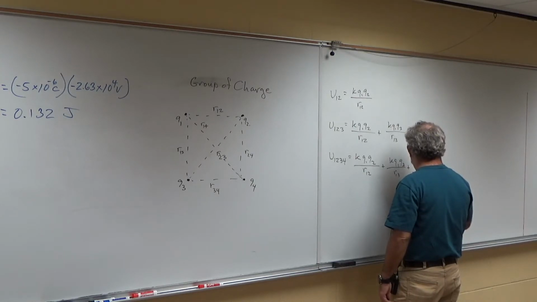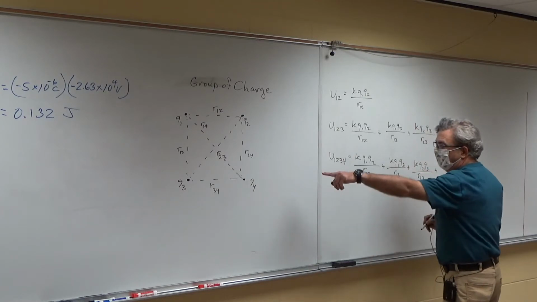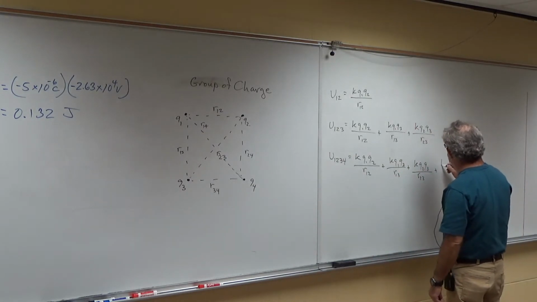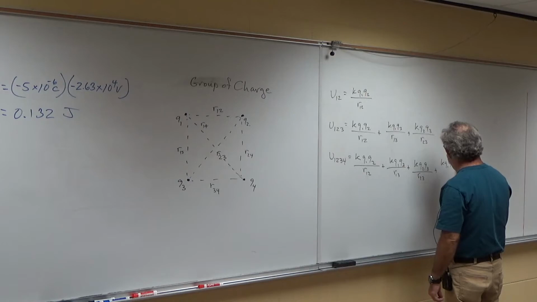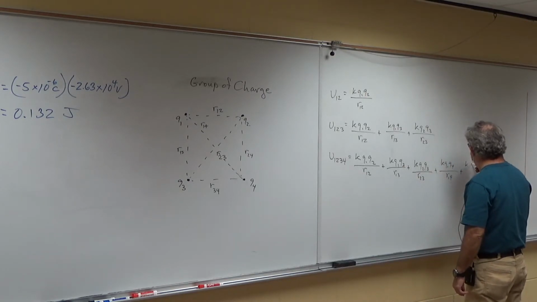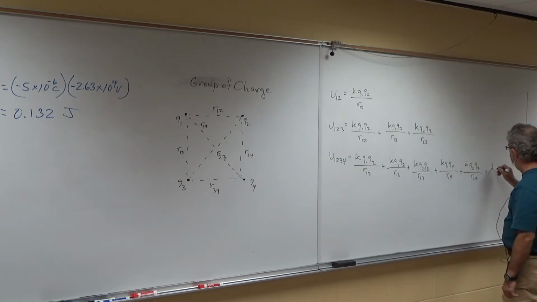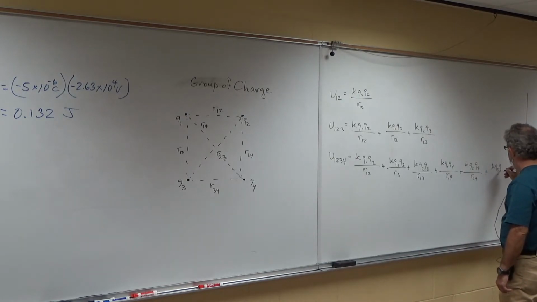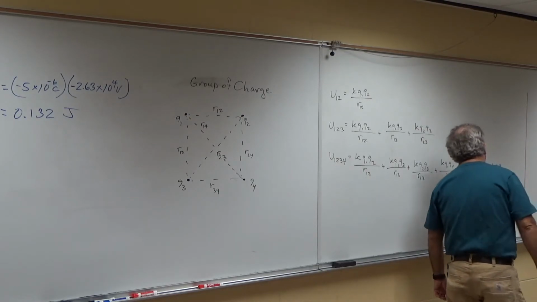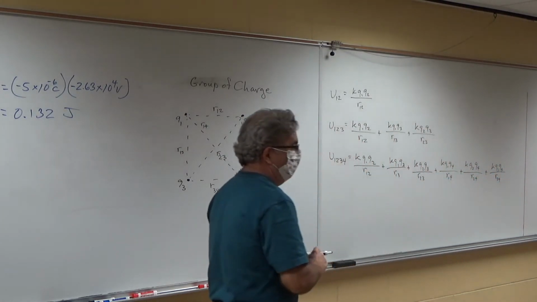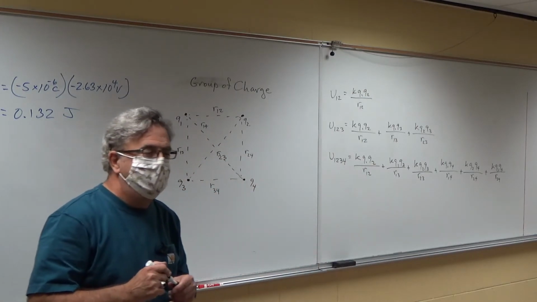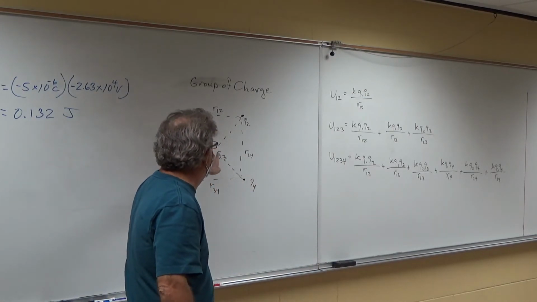But now I've got three more terms because I've added Q4: K Q1 Q4 over R14 plus K Q2 Q4 over R24 plus K Q3 Q4 over R34. That's it. We can keep building, and I put one at the center.